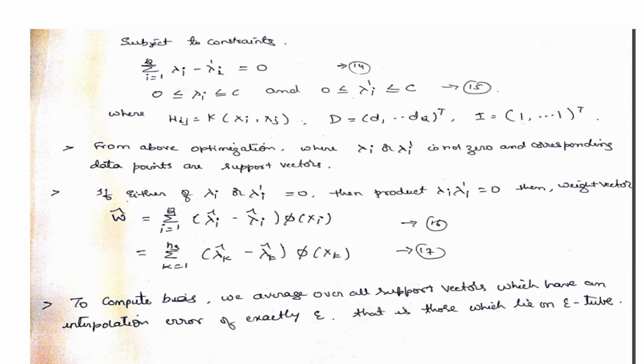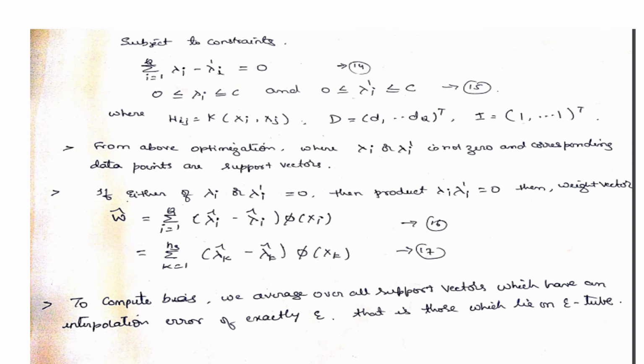So from the above optimization, where lambda i or lambda i prime is not 0, the corresponding data points are support vectors. So from equation number 14, wherever lambda i or lambda i prime is not 0, those data points we call support vectors, and if lambda i or lambda i prime is 0, then the term reduces to 0.